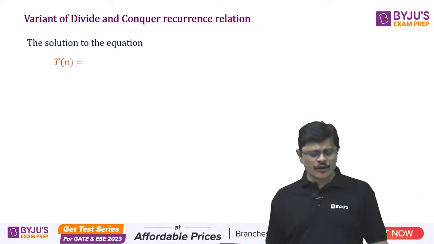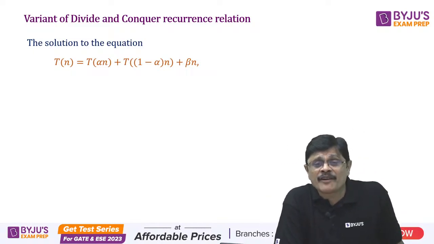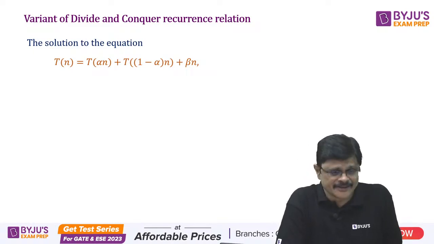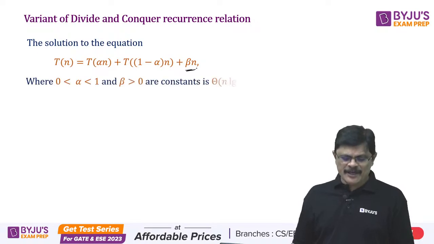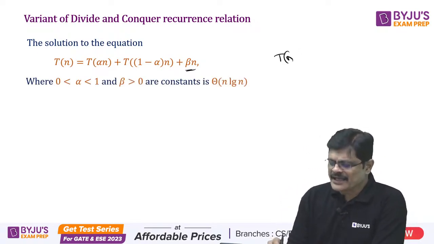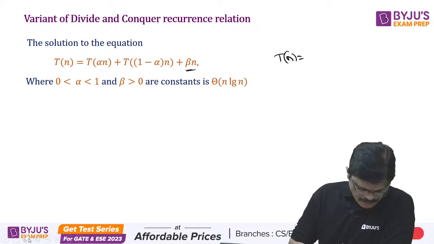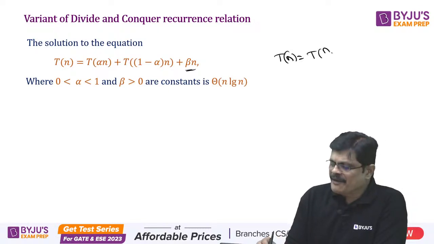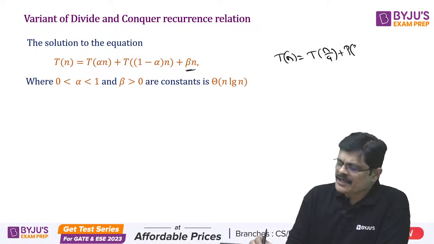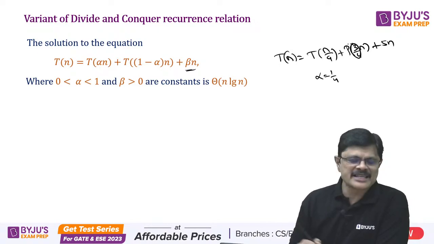There is a variant of divide and conquer which is very useful for the quicksort algorithm. If T(n) is of the form T(alpha n) + T((1 - alpha) n) + beta n, where alpha lies between 0 and 1, for example T(n) = T(n/4) + T(3n/4) + some f(n), here alpha is 1/4 and the other term is 1 minus alpha.